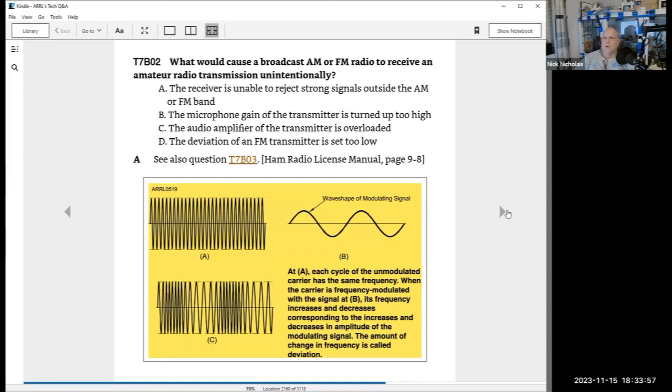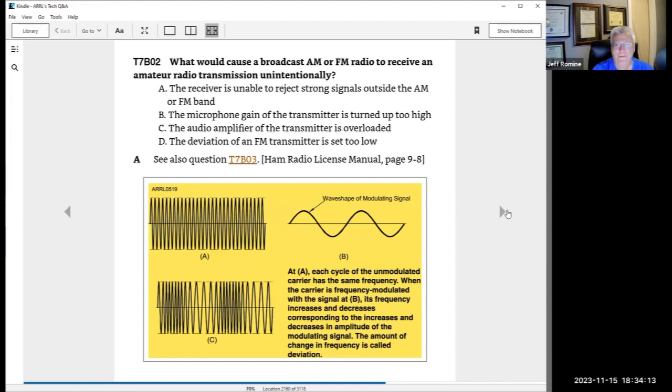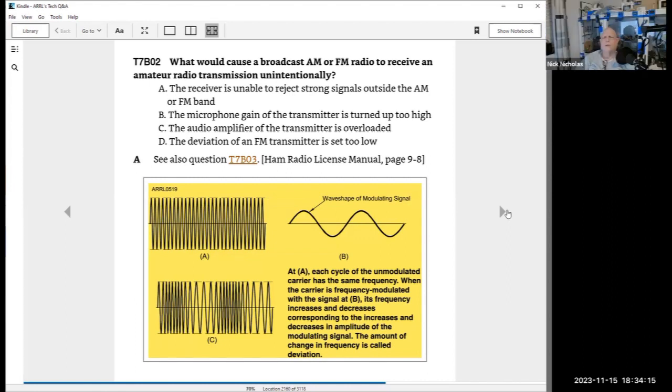What would cause an AM or FM signal to receive an amateur transmission unintentionally? Well, generally speaking, it's because consumer receivers are made poorly. They don't care about making them top quality receivers for the consumer. So the receiver is unable to reject strong signals outside of the AM or FM band.